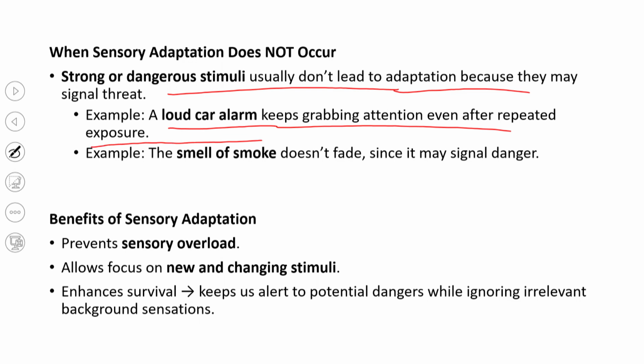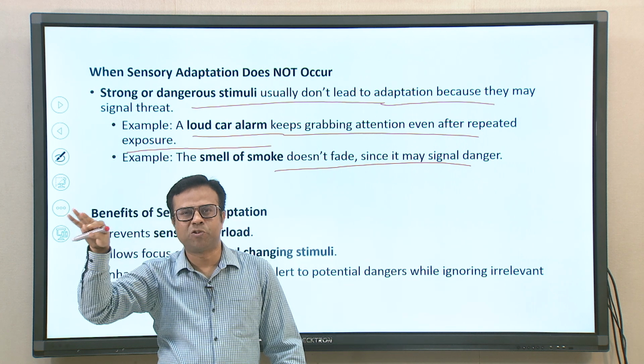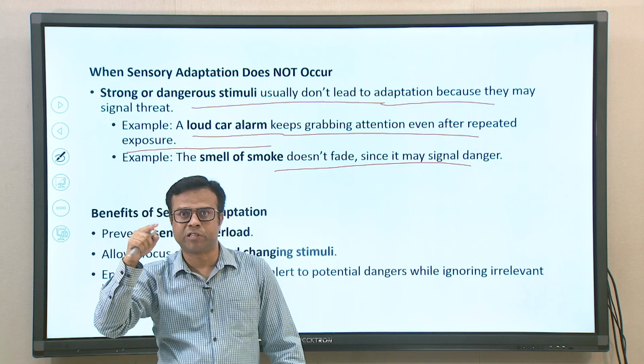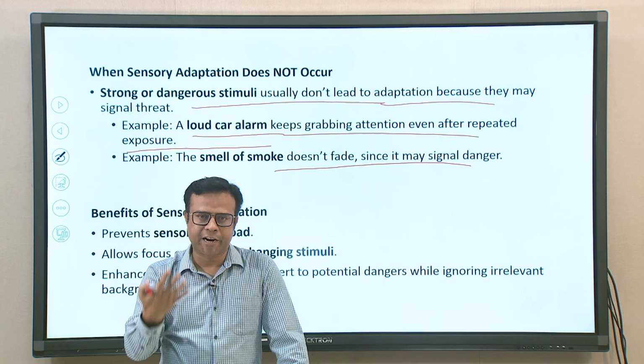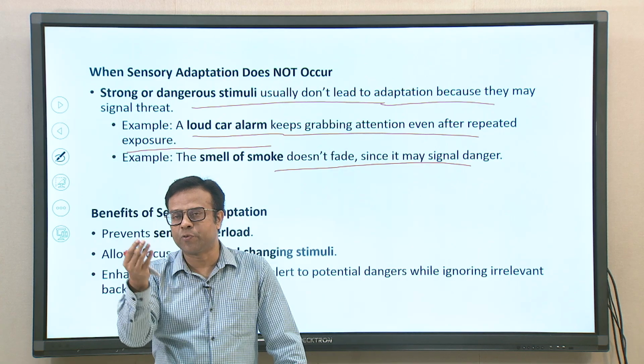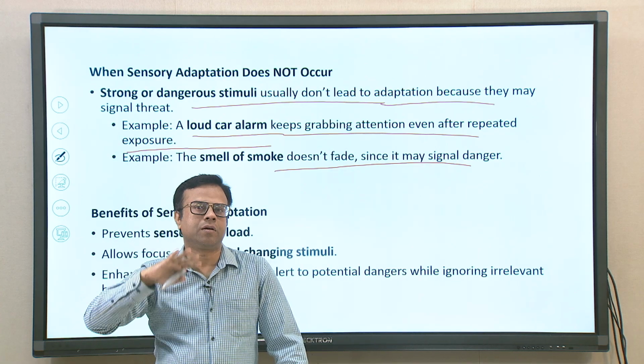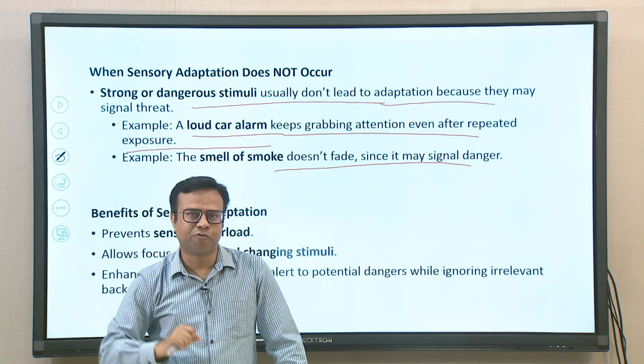That means some kind of danger is there, so it may still grab your attention even though it is constantly going on. A smell of smoke does not fade, since it may signal danger. Even though it may be there for some time, you still notice it and pay attention because you think there is some kind of danger. So, sometimes sensory adaptation may not happen, particularly when the signal may be a signal of danger.